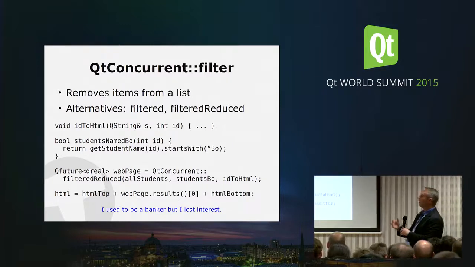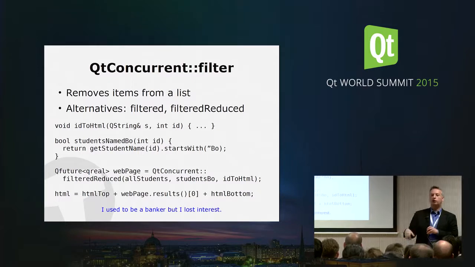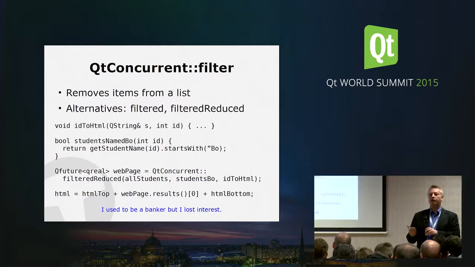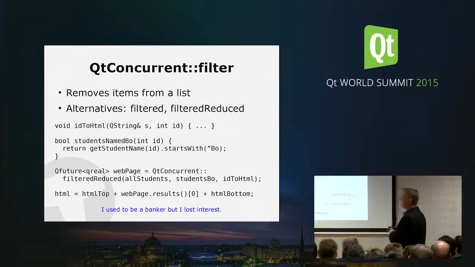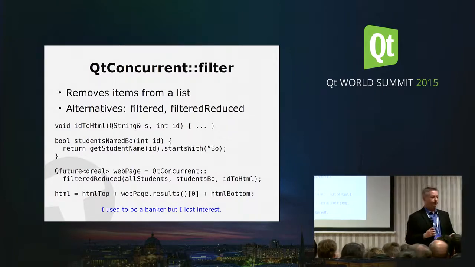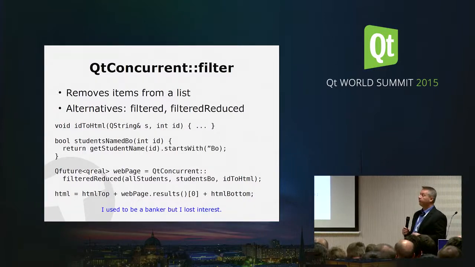You can sort of see this as a reduce that creates a new QStringList with whatever is left. It's very close to a map reduced idea, but it's faster than that. It doesn't change the original one.